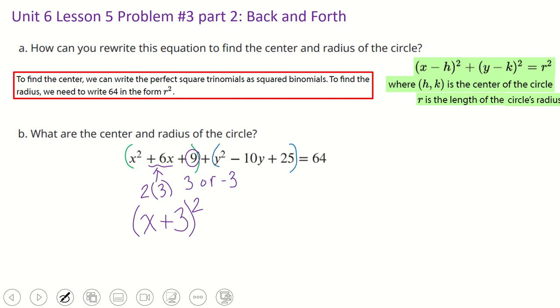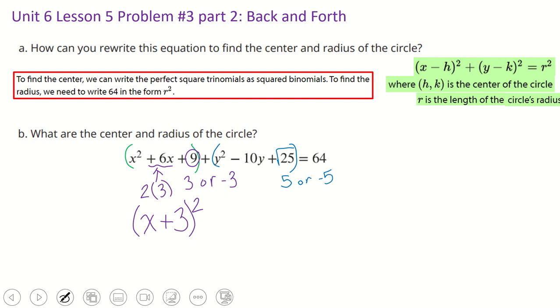Now, I can do a similar idea, but let's say I don't know what gives me 25, right? Two of the same number that multiplied together. I can take the square root. So if it's not something that I know right off the top of my head, I can take the square root of that number. So the square root of 25 is 5, or remember I could always do -5.